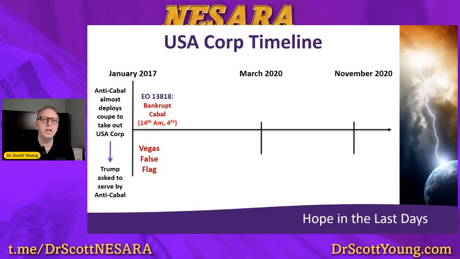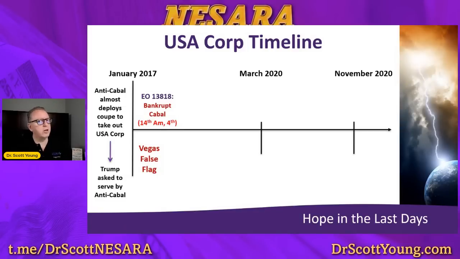And when you really look at this, it's really strange how this happens. It is a type of bankruptcy event. Now, it happens in late November, so it's not even a month after the Vegas false flag. And you say, well, why is it?